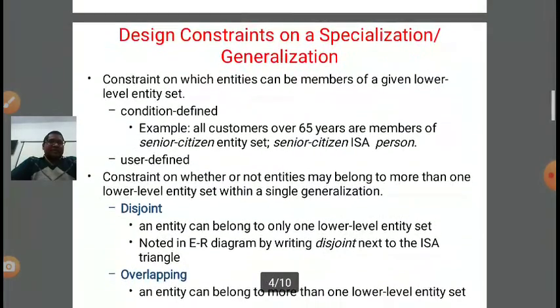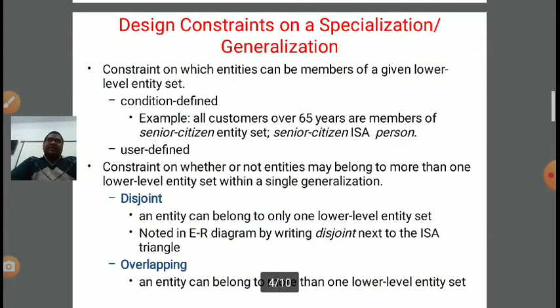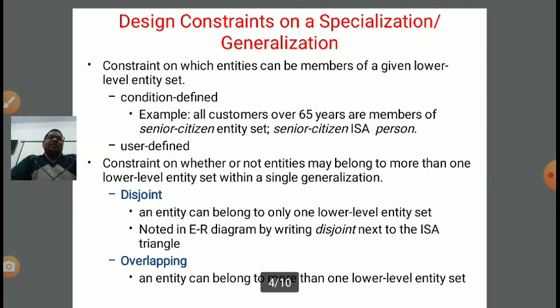Now, some design constraints on specialization and generalization. There are constraints on which entities can be members of a given lower level entity set. They are called constraints, and they are condition defined. Example: all the customers over 65 years are members of the senior citizen entity set.